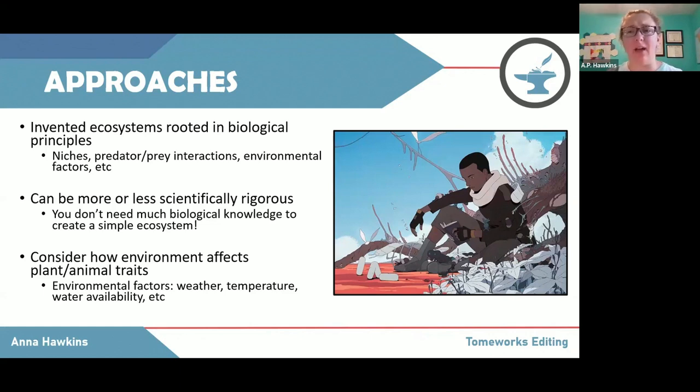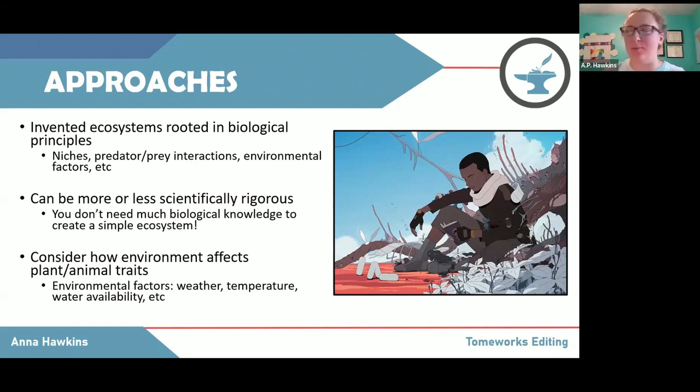And in fact, I would argue that even if you don't have much of an understanding of the biological principles and how an ecosystem is built in the real world, even if you don't have that education, you probably understand it better than you think you do. I'm trying to figure out how to say this. We exist in the context of our world, right?